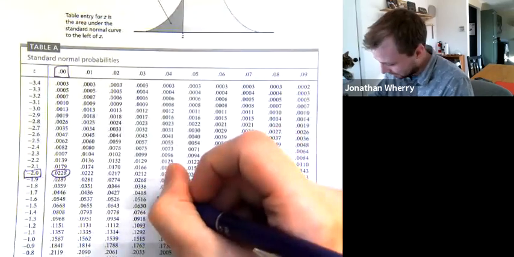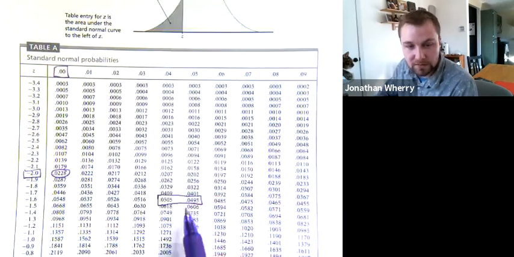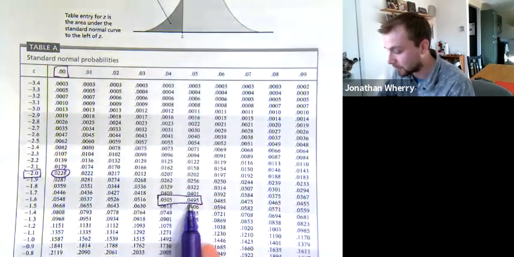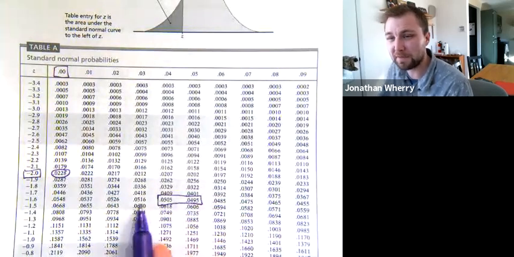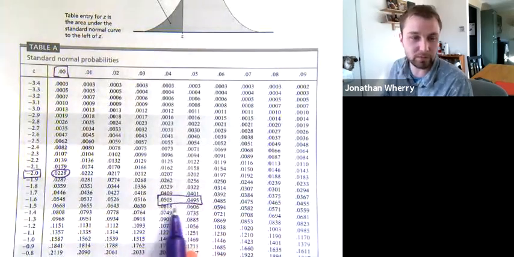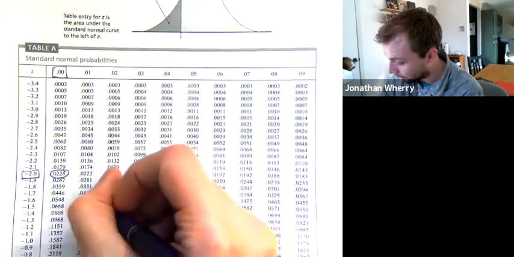So I'm finding 0.05. I have that here. Actually have that here and here. Do you see how 0.0505 and 0.0495 are both really, really close to 5%? I would say 5% falls halfway between these two values. Let's see what the Z-scores are for these by going out.